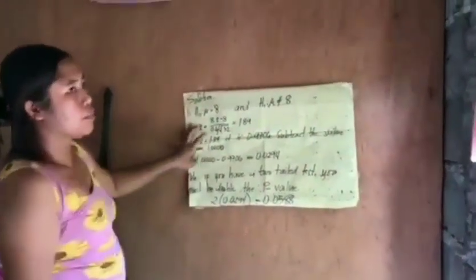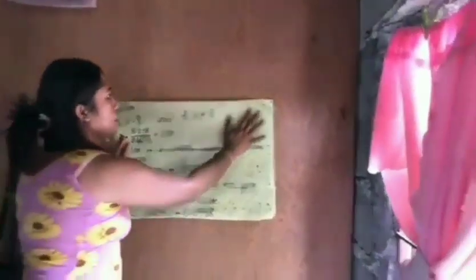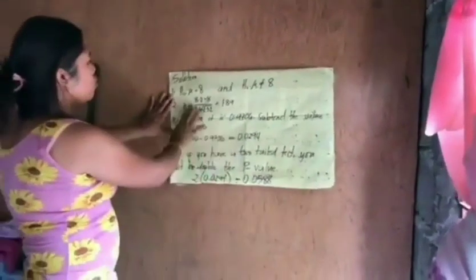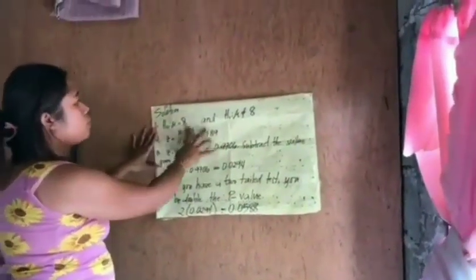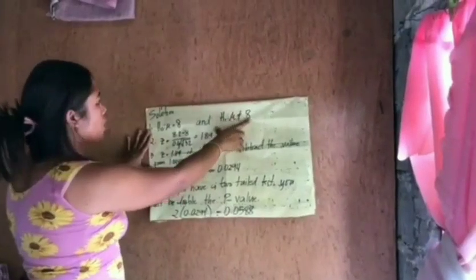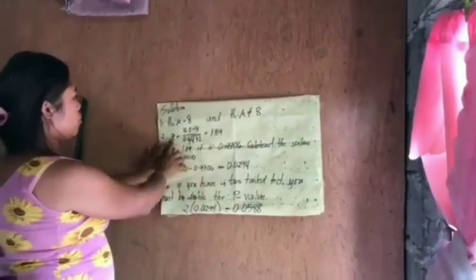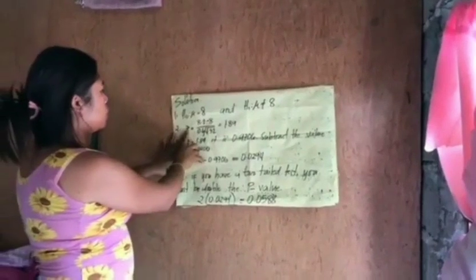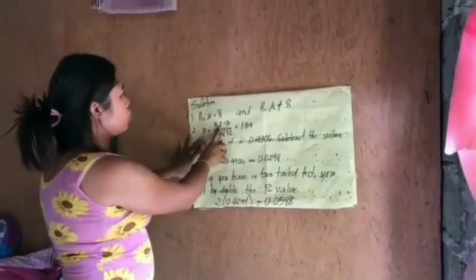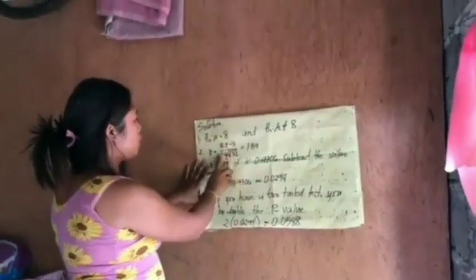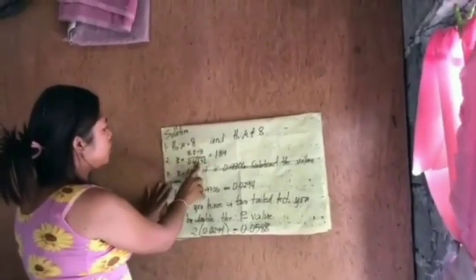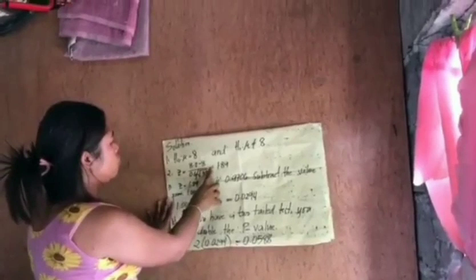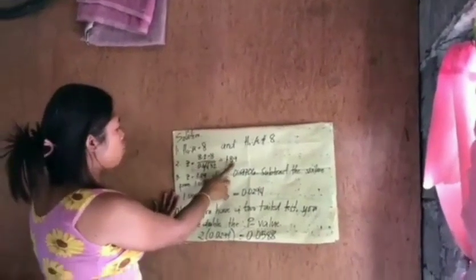So we follow the same pattern here as in the z-test. Number 1, find the claim, whether it is equal to 8 or not equal to 8. Number 2, z equals 8.2 minus 8 over 0.6 divided by the square root of 32. So the result is 1.889.